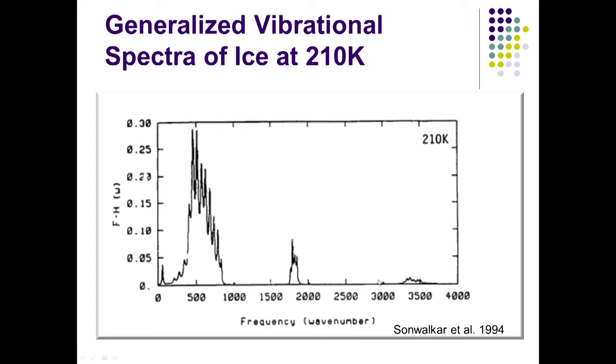We are able to see all 4 peaks in the generalized vibrational spectrum: lattice vibration between 0 to 100, then between 100 to 500 or even 1000, these are the torsional vibrations, because this is a water molecule HOH, and then the bending vibrations at around 1500 to 2000 wave numbers. Then we look at the stretching vibration, which is studied quite a bit with laser Raman spectroscopy or laser IR spectroscopy.